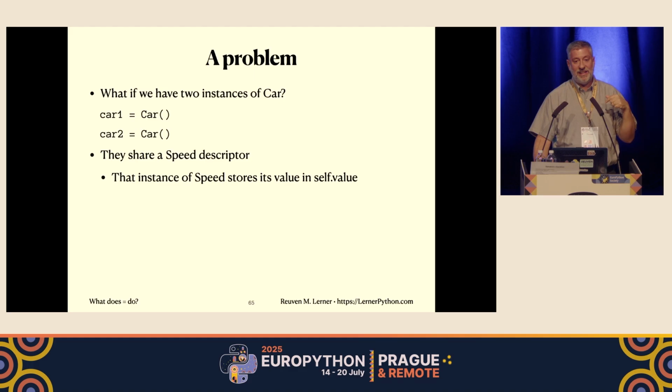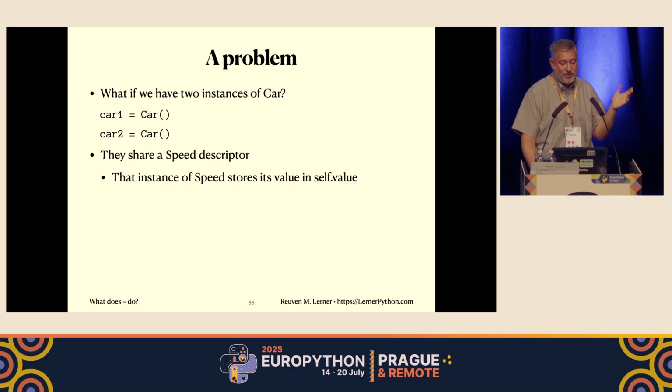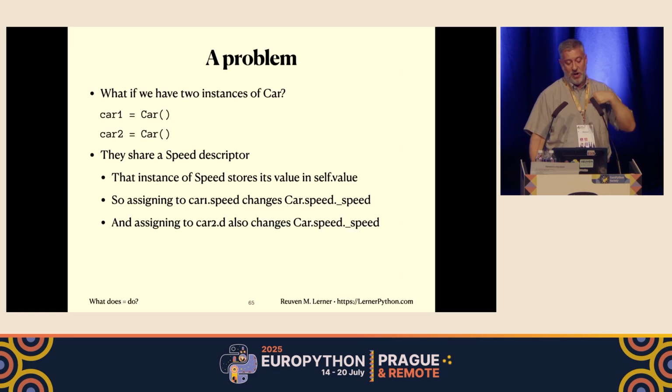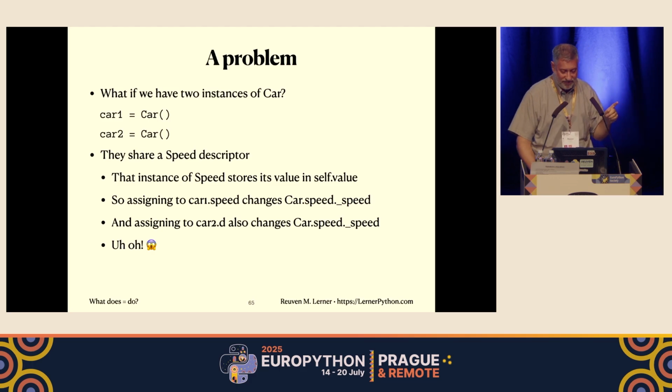And so basically, because the descriptor speed stores it in its own self.value, assigning to car1.speed changes the car speed under speed, which means that it affects the second car. And changing car2 also changes it. That's probably not good. Right?